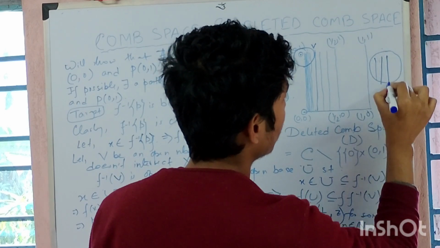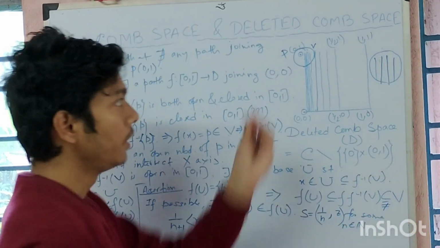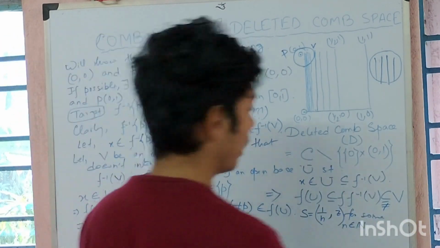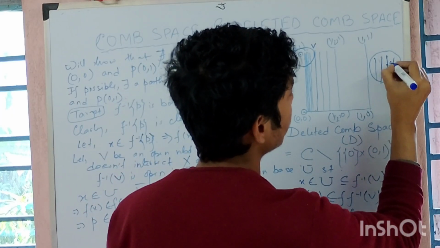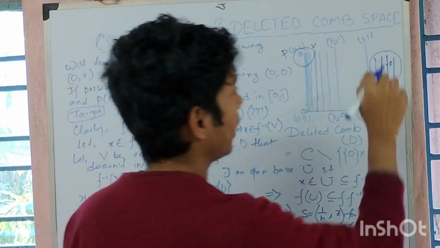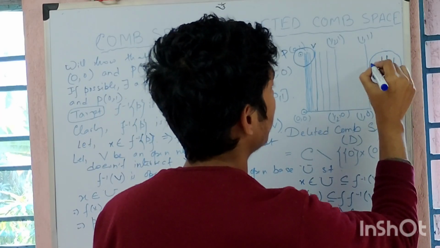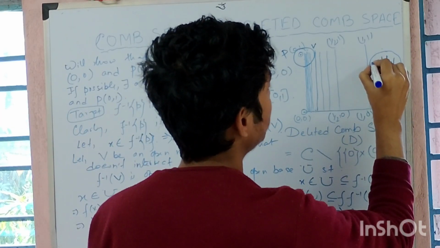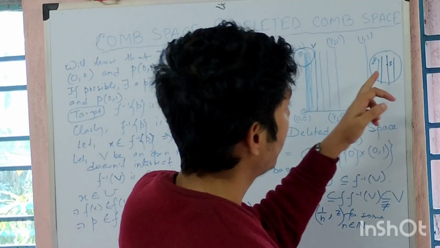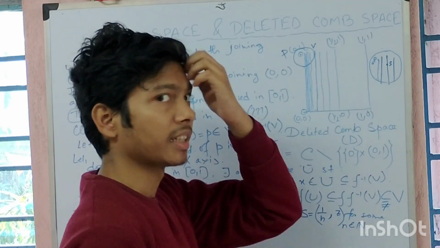Somewhere S is present. I am assuming that this is my S, and somewhere here I am labeling it like this. And somewhere here, this is my P. This is my P, and this is my S other than P.